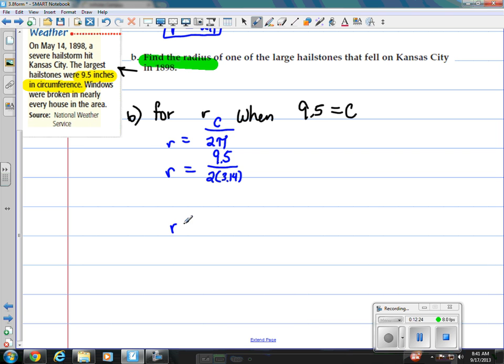So I'm going to do r equals, order of operations, so I have to multiply that bottom denominator first, so 9.5 over 2 times 3.14 gives us 6.28. And then 9.5 divided by 6.28 gives us 1.51, so I should round it to 1.5 inches in the radius. And we're good. We got our answer.